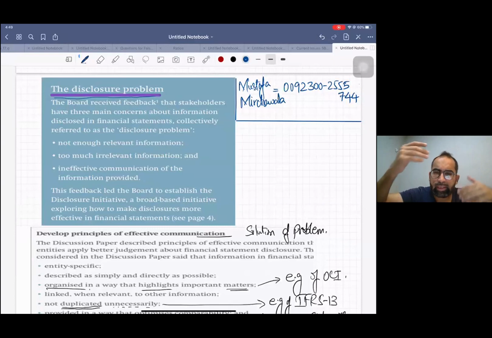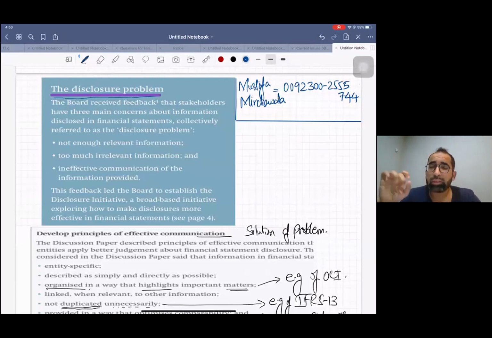Every year new standards are coming, and in detail, and there are a lot of disclosure requirements as well. But the problem is that if you see the financial statement, it's 100 pages, 200 pages. It's a big burden on shareholders now, and shareholders don't have that much time to see each and every disclosure.